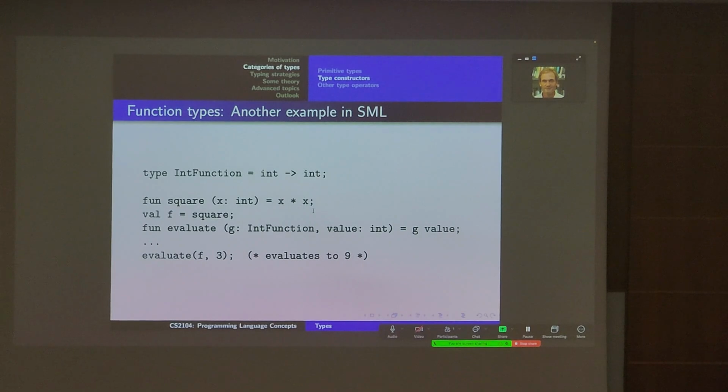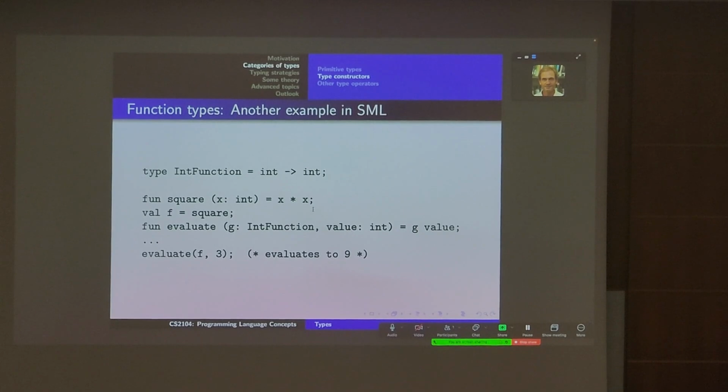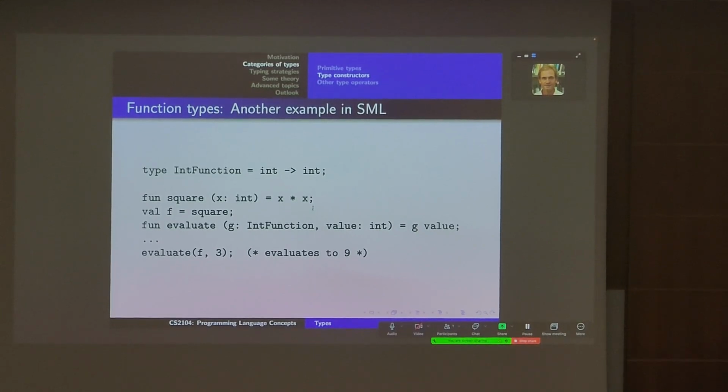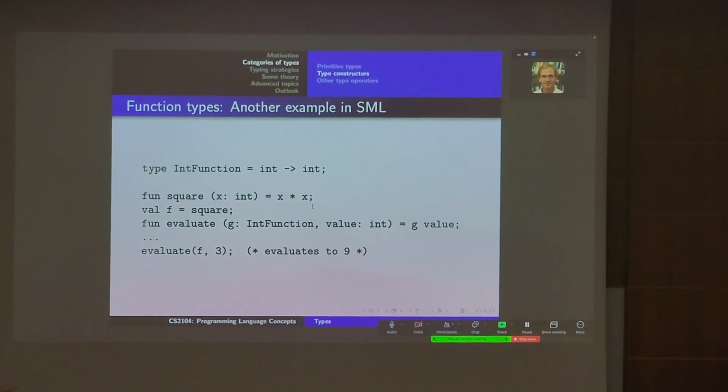And that means this language or the system will know that the type of square is consistent with this int function type. So you can think of square having the type int function. And we assign the name f to square. That means f also has the type int function.